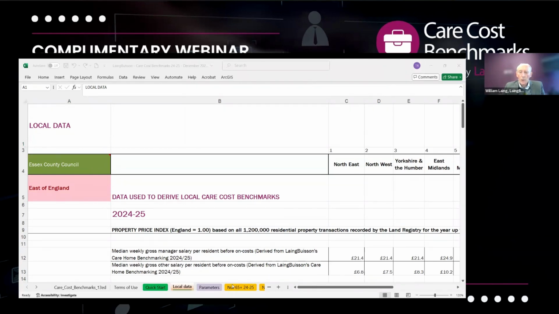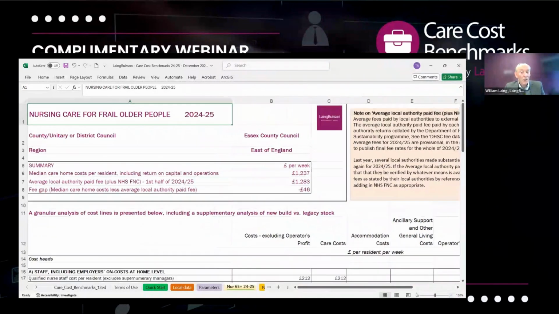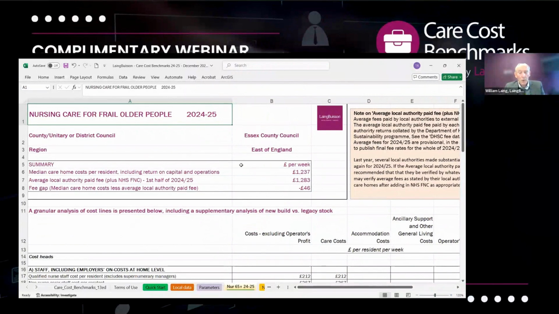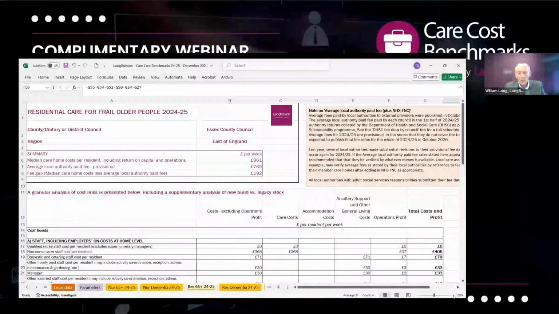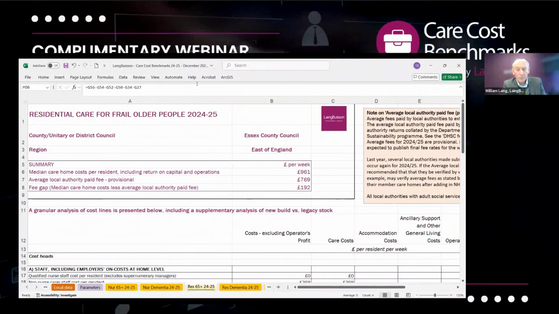So if we can move on to one of the orange tabs, which shows the results of the Care Cost Benchmarks tool once you've actually selected a local authority. So we can move to residential 65 plus 2024-25. And then what I want to do is just to look at these headline results in the top-hand box. And what that shows is that the median care home costs were £961 per week.